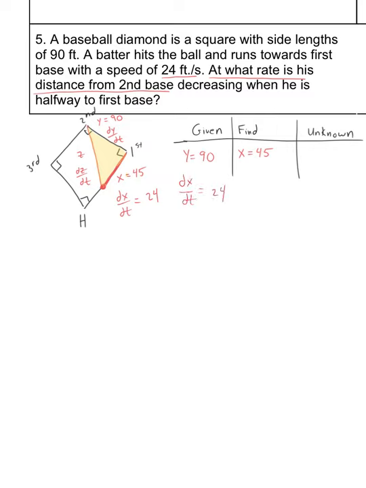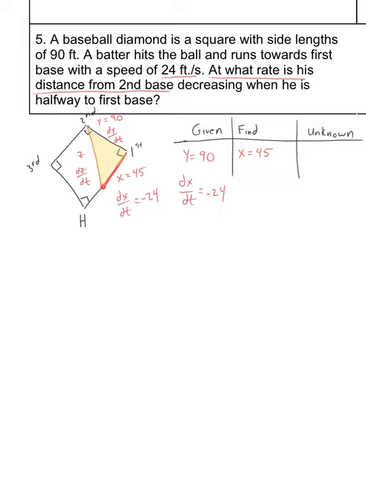Is it positive or negative? As he runs towards first base, this distance is going to get smaller and smaller. He's running towards first base, so this rate has to be negative. This distance is decreasing, so the rate is negative. I'm going to put it right here too, just so I don't forget.